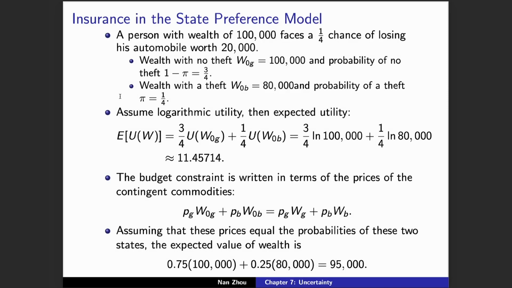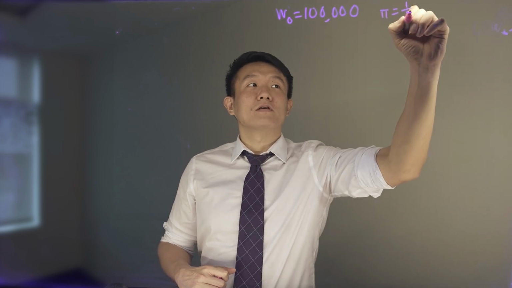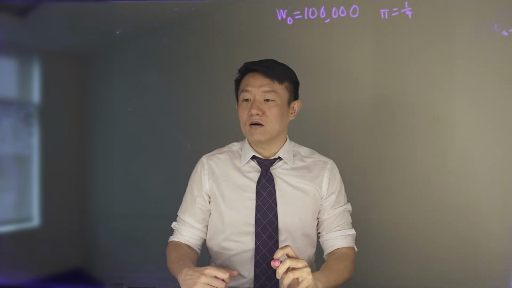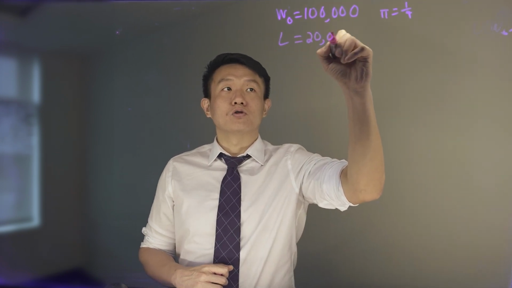Let's say we have an individual with a starting wealth of 100,000 who has a probability 1/4 chance of crashing their car, and the loss is equal to 20,000.